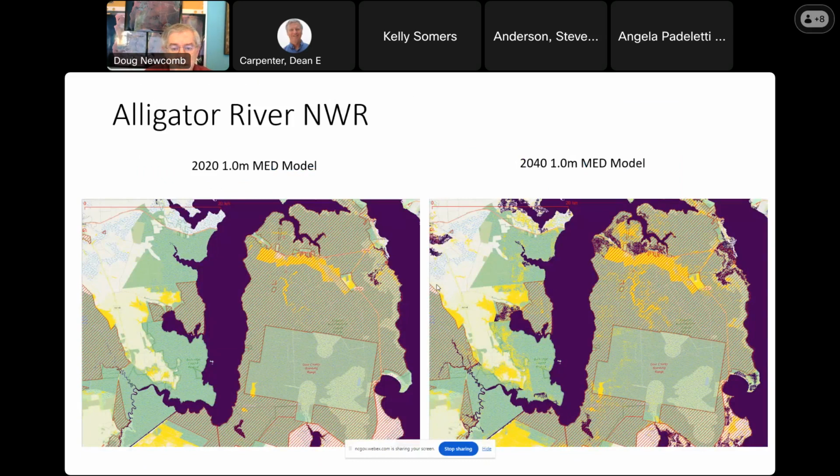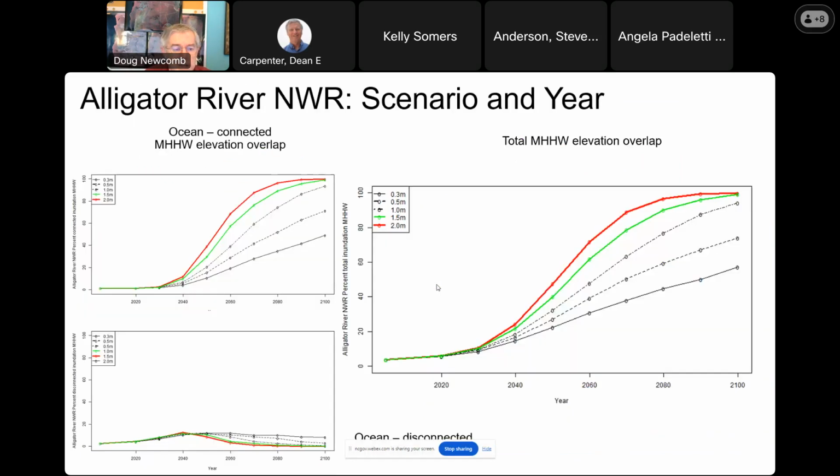So I just extend that on and do the analysis to look at the percentage of each refuge that's going to be impacted under each model. In this case, I'm just looking at the medium of the 5 scenarios at a 10-year interval. And you can see how the percentages are going to be impacted.